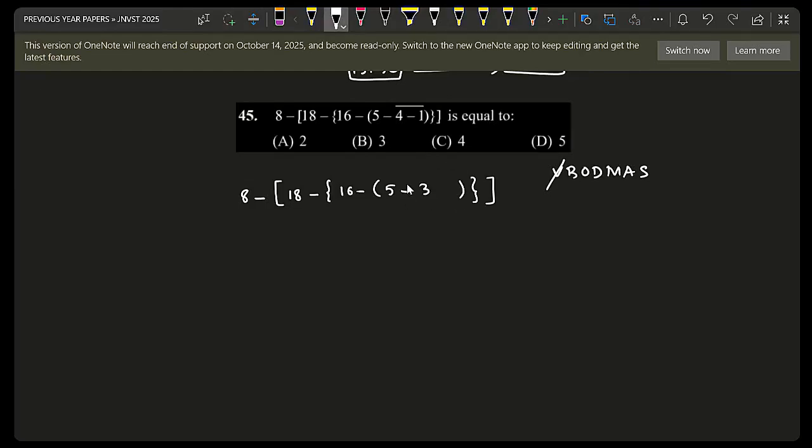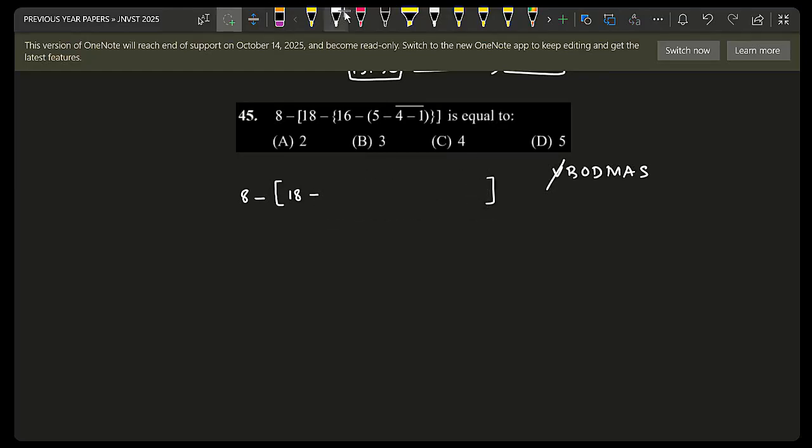And then B for bracket. We have 1, 2 and 3 brackets. Which we have to open first? The innermost bracket. 5 minus 3 is 2. I can erase this part and write here 2. And next bracket is this bracket. 16 minus 2 is 14.